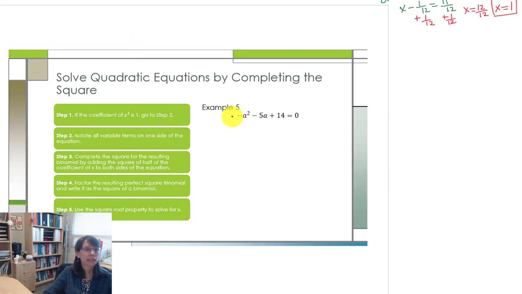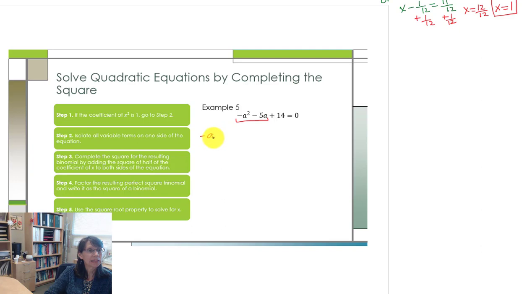All right, in our next example, we have negative a squared minus 5a plus 14 equals 0. And you might think that this lead is 1, but it's actually negative 1, which is not the same thing. So we'll start by isolating our variable terms, and then we will make our lead coefficient positive 1.